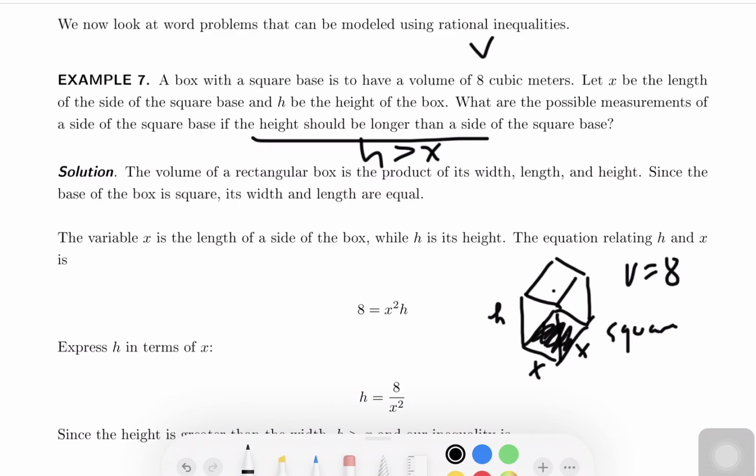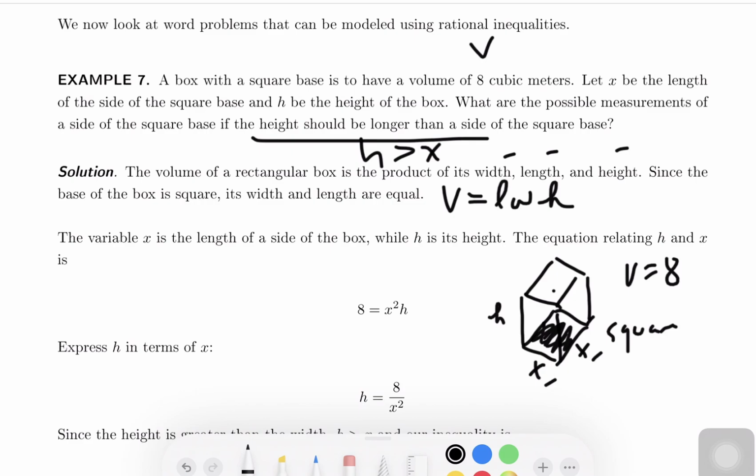Okay, so we have this illustration. The variable x is the length of the side of the box. Now, take note the volume of a box is length times width times height. Now, the width and length are both x.